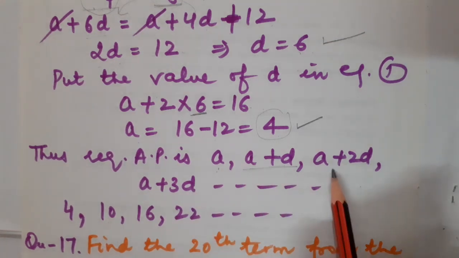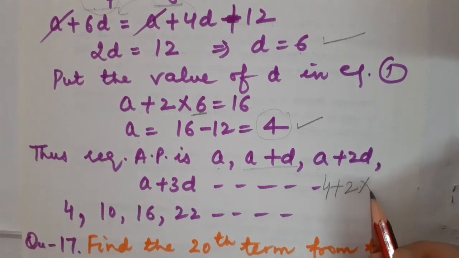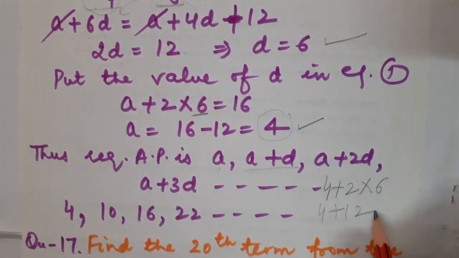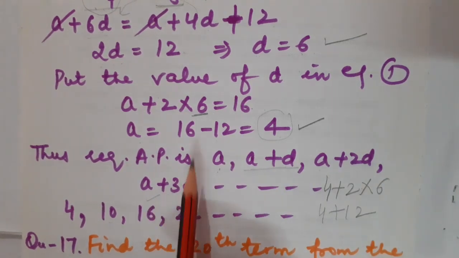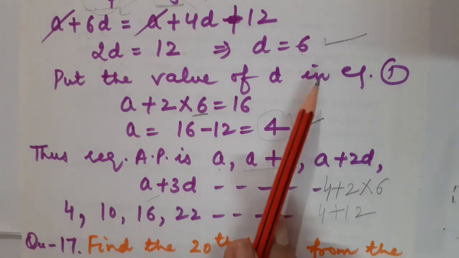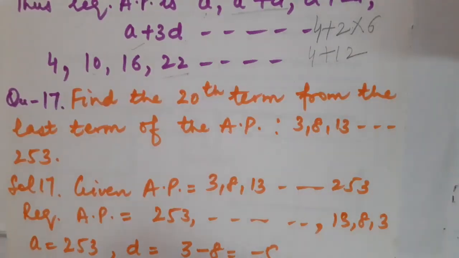A plus 2D is 4 plus 2 into 6, which is 4 plus 12, that is 16. In the same manner, A plus 3D is 4 plus 3 into 6, so you will get 22 after simplifying. Correct, students? Now children, let us switch to the next concept.